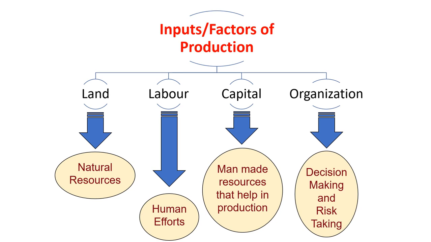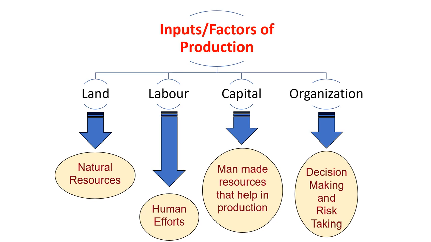If we study that firm, then this plant will not be the capital of that firm. In fact, it will be the output of that firm. Therefore, we must be very careful in distinguishing between output and capital. This is very simple. Everything that is man-made and that helps a firm to produce something is called capital.